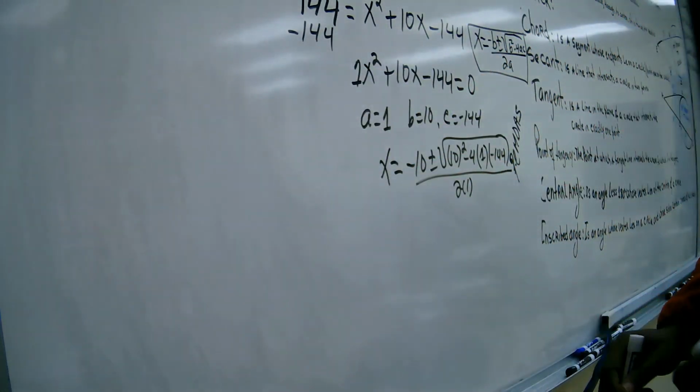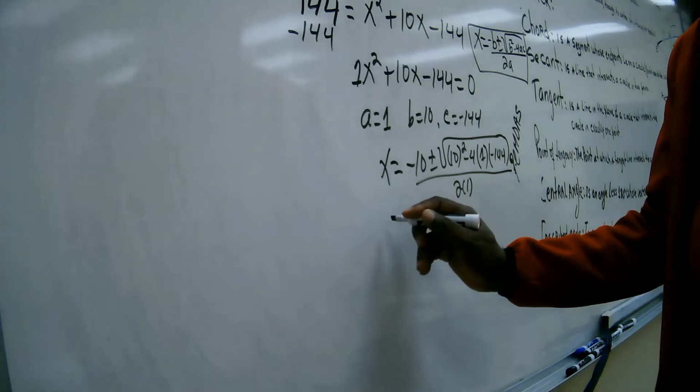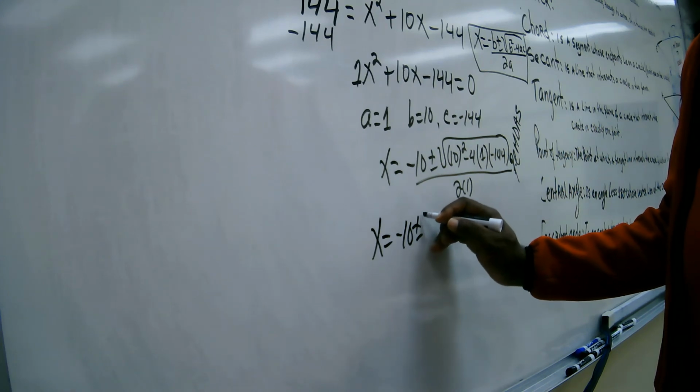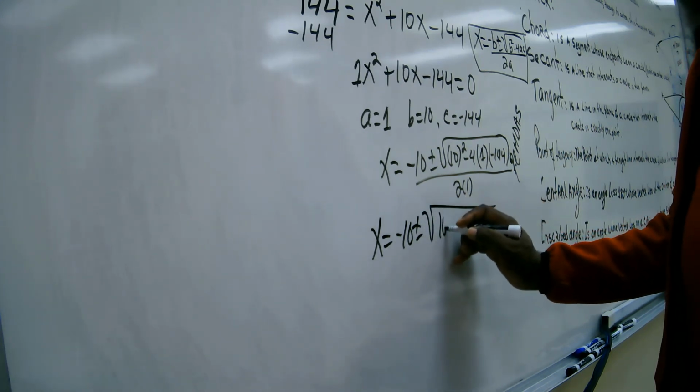You evaluate that: x equal to negative 10 plus or minus the square root of, when you square 10, that will give you 100.